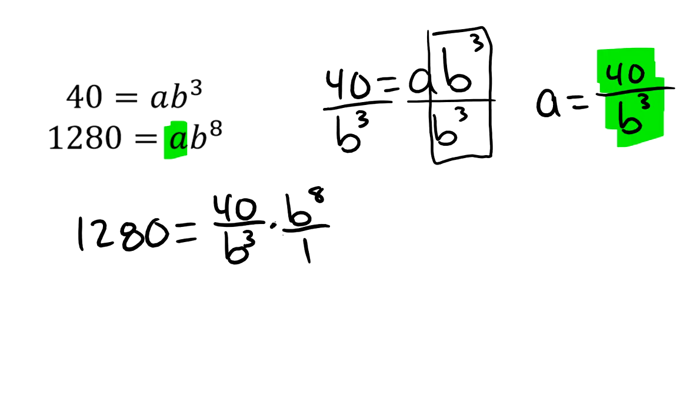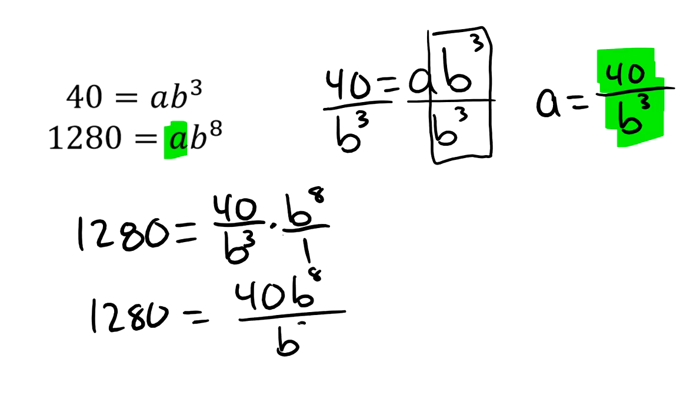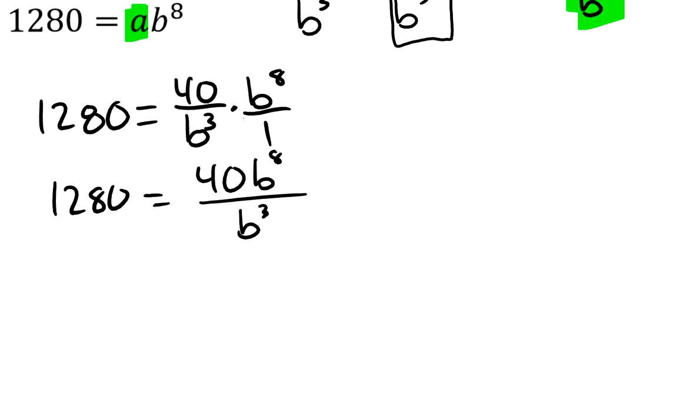If you look at this, it can be simplified. I've got 8 factors of b in the numerator: 40 b to the 8th, and 3 factors of b in my denominator. There's a giant one of b to the third over b to the third.